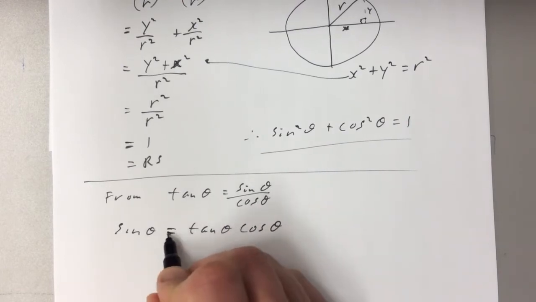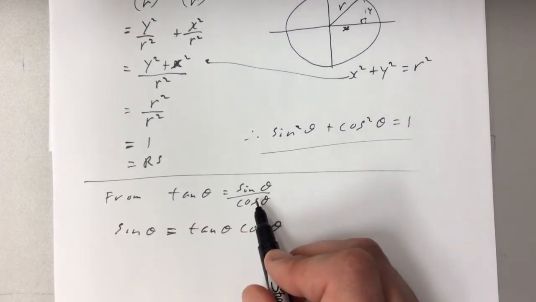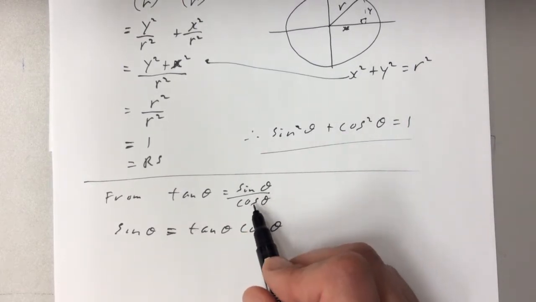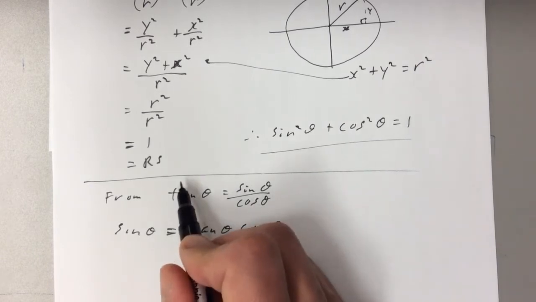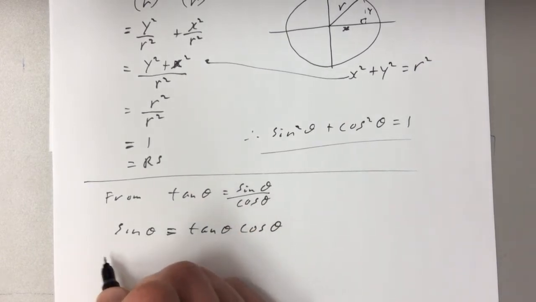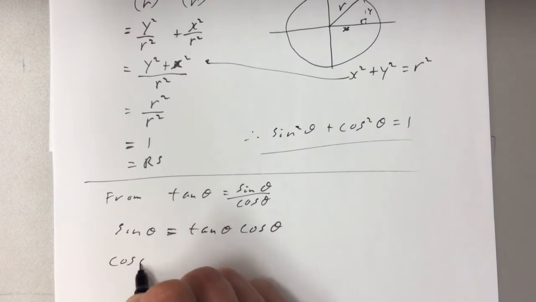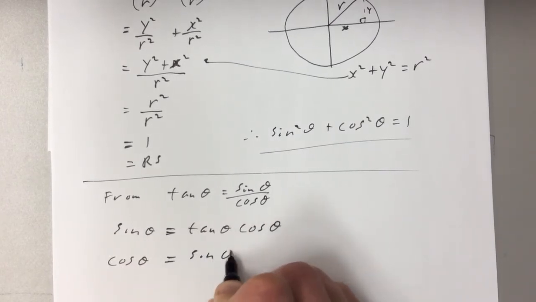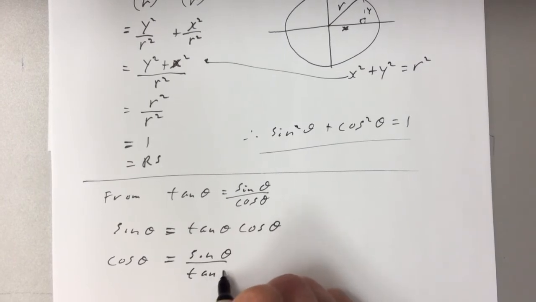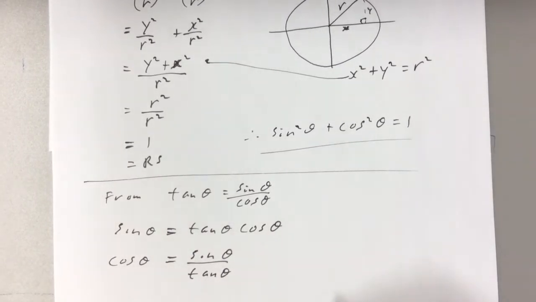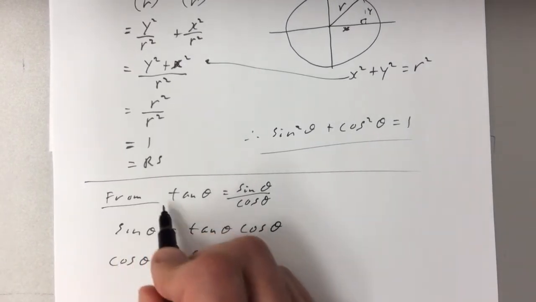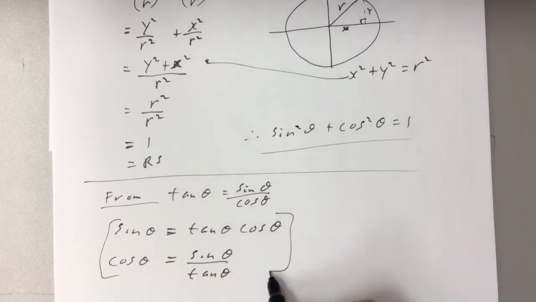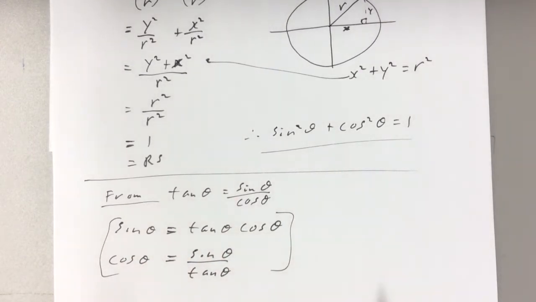Also, I could solve for cos theta by bringing the cos theta up and the tan theta down. So cos theta equals sine theta over tan theta. So those are two others that you can get from that one.